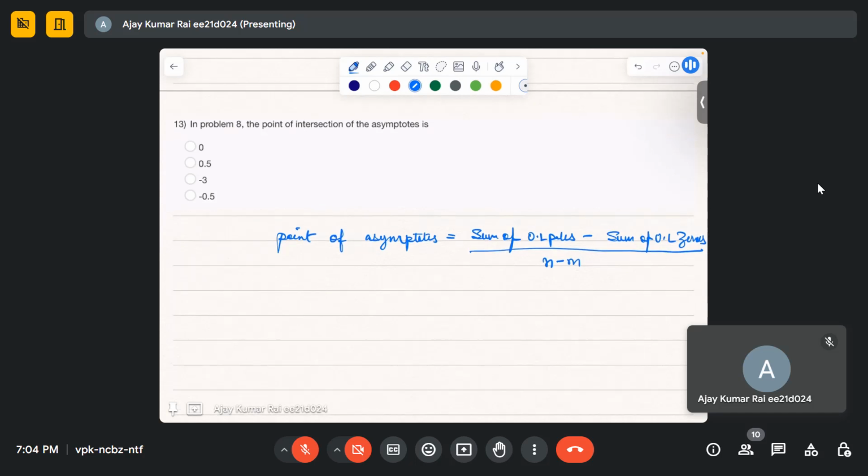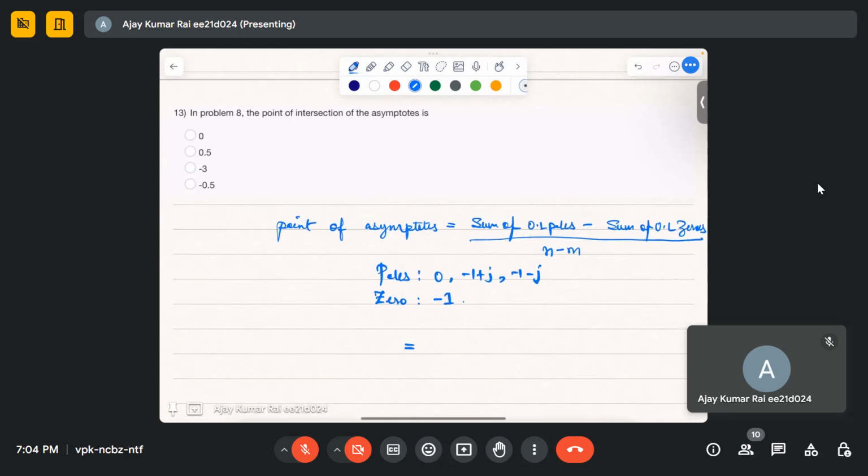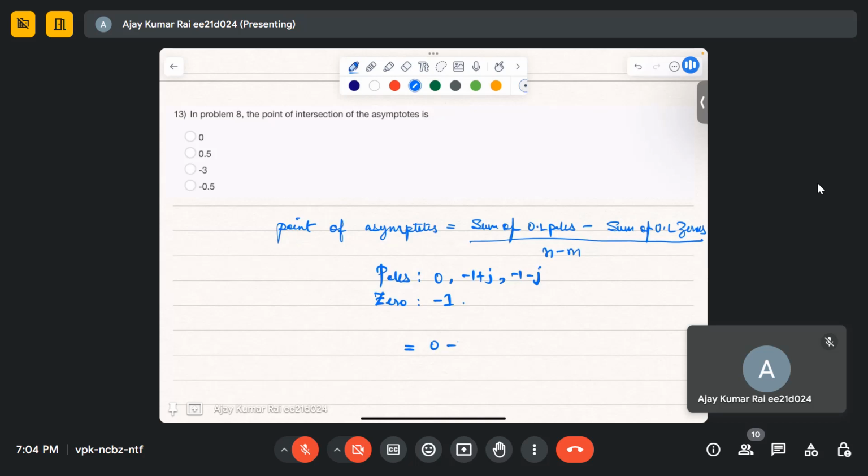Okay. So if you see, let us first consider the poles are at 0, minus 1 plus j, minus 1 minus j. And for zeros, we have a single zero, I think at minus 1. So let's put in this formula. So we have 0 minus 1 plus j. You can take the real part also, anyway for the complex conjugate pair, this will get cancelled.